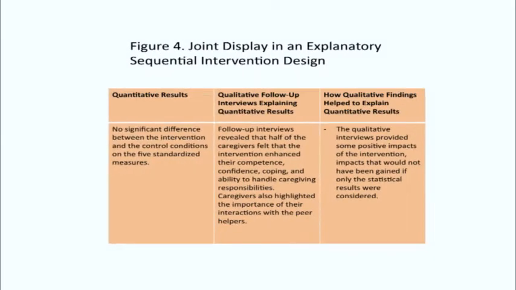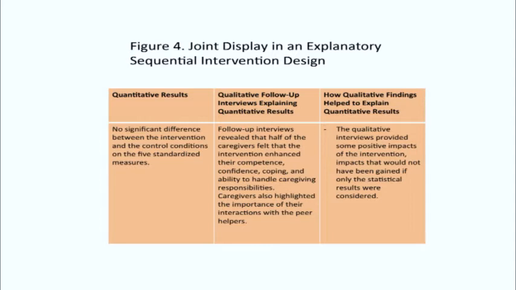You can also set up a joint display where you can array your quantitative and qualitative data together. For example, in this example, the quantitative results showed no significant difference, but the qualitative follow-up in the next column did show that there were some significant points being made.